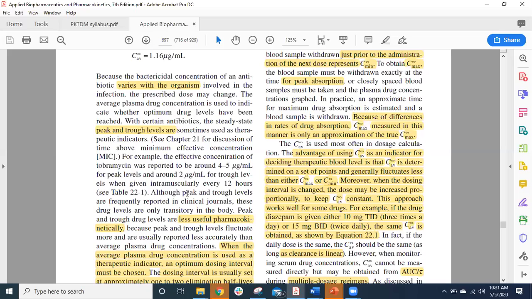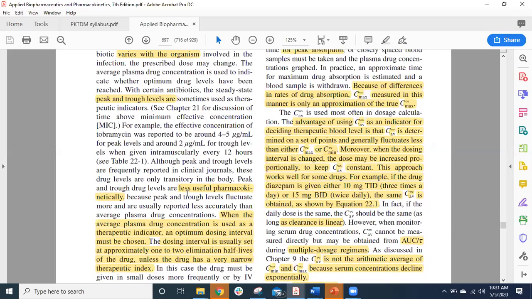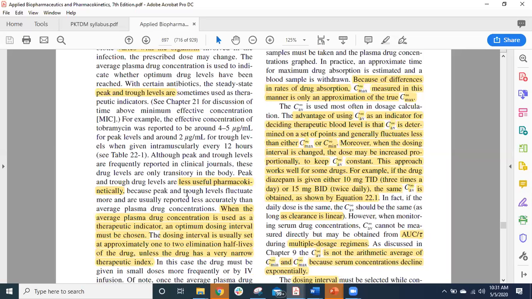You see in the TDM of many drugs, they take the peak concentration of the drug, or they take the trough concentration of the drug. Especially for antibiotics, they will go for the trough level. But if you think logically, these peak and trough levels are less useful pharmacokinetically. Why I'm telling this is because they often fluctuate based on the amount of dose that you give to the patient.